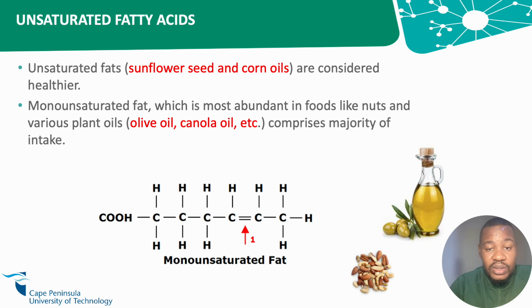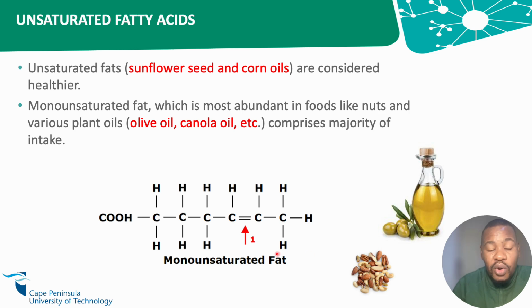These are generally considered healthier fats. Here, the monounsaturated fat is the most abundant in foods, and it's present in products such as nuts and plant oils, and comprises the majority of the intake by human beings.